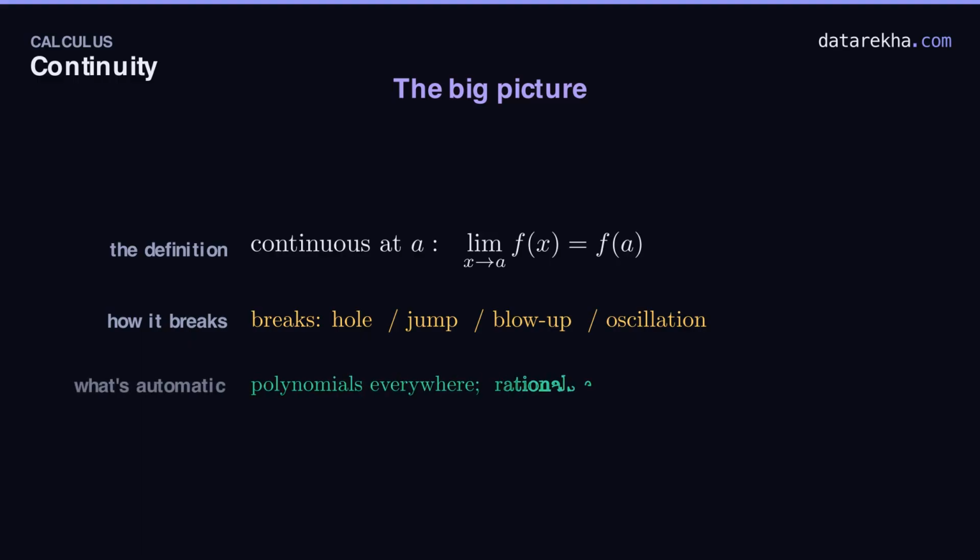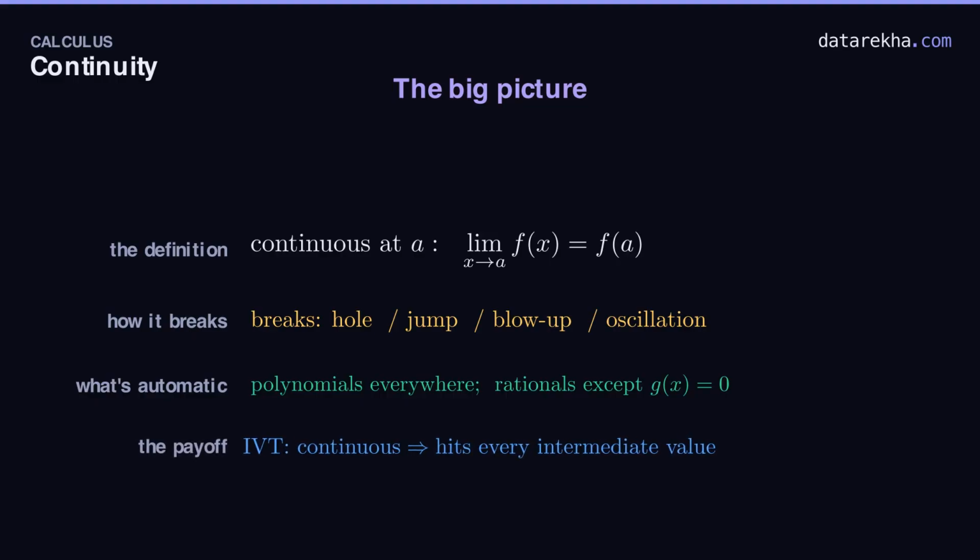Most functions you meet come continuous for free. Every polynomial everywhere, and every rational function except where its denominator vanishes. And the payoff, the intermediate value theorem. A continuous curve hits every value between its ends, which quietly guarantees that equations have solutions. Hold these, and continuity is yours.